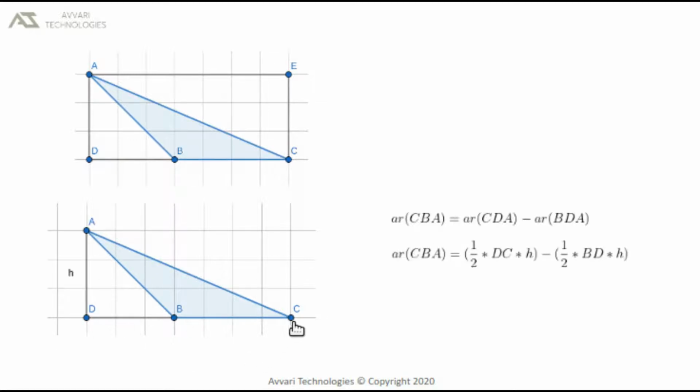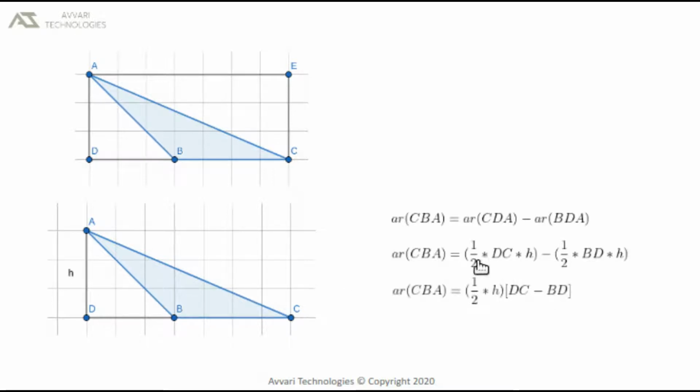The area of triangle CDA is half into base DC into height. Then the area of triangle BDA is half into base BD into maximum height H.